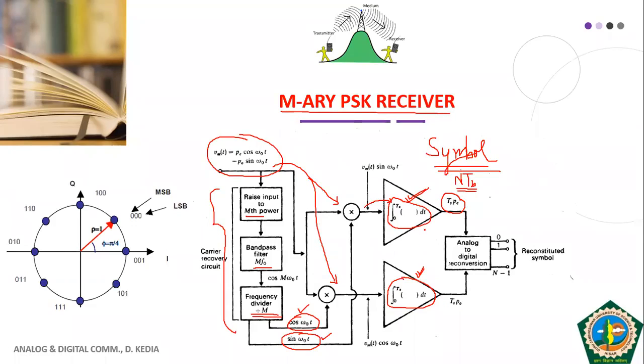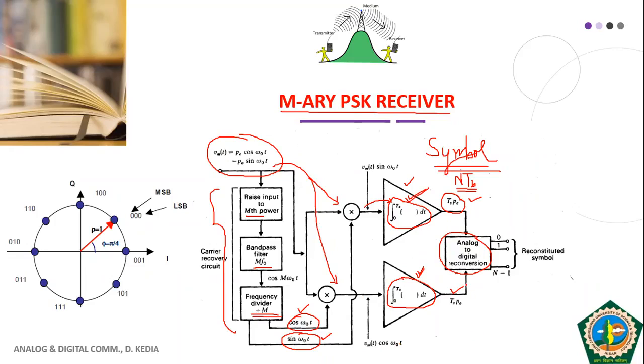We get that voltage value at the output of the integrator, and then those voltage values are again converted to digital values that give us the bits used to represent that voltage value, either in the sinusoidal branch or in the cosinusoidal carrier branch.